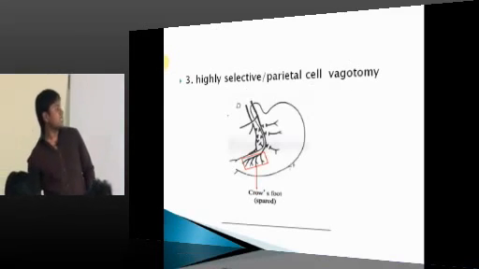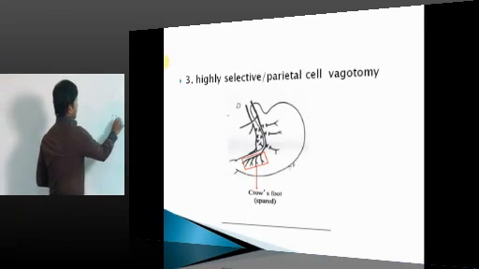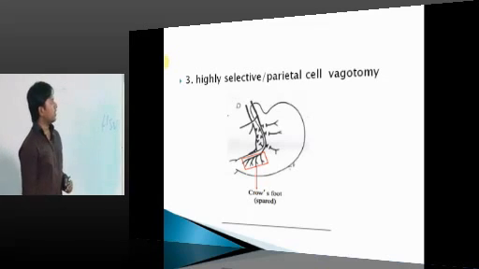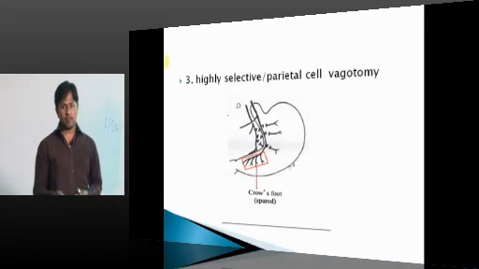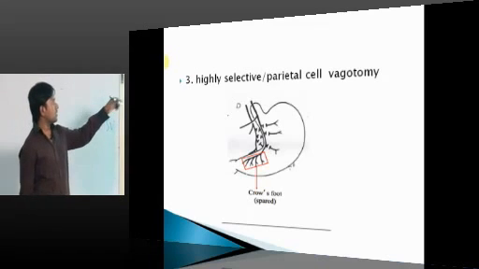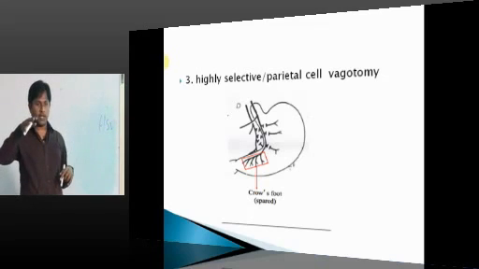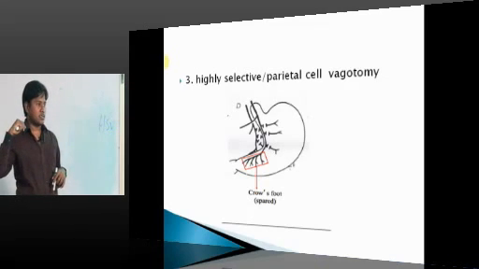Next comes the third operation, that is HSV, highly selective vagotomy or parietal cell vagotomy. You are trying to cut the nerves at the ending, where they are supplying the parietal cells directly.